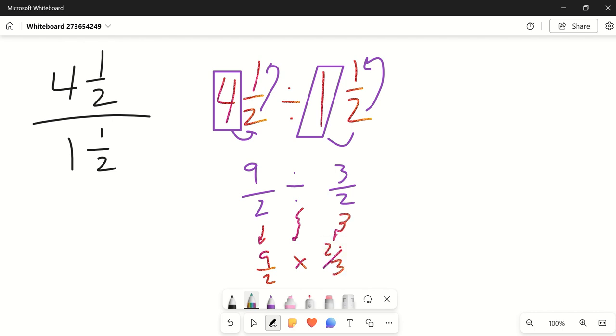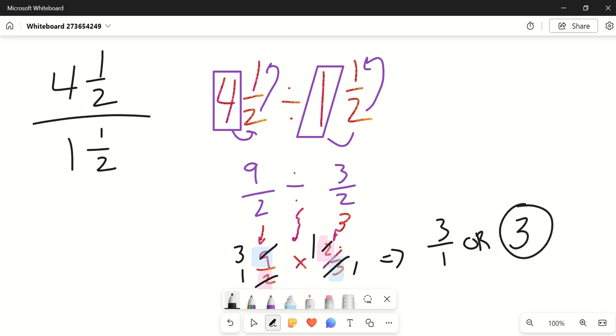Cross simplification here. We've got 2's right here that can become 1's. We've got a 3 and a 9. They both have 3 in common. That will become a 1, and 9 divided by 3 will be 3. So this becomes 3 over 1 times 1 over 1, which will literally be 3 over 1, which is another way of writing 3.